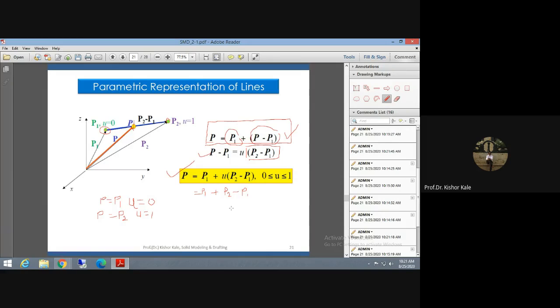When U equals 1, point P equals P1 plus P2 minus P1, correct? Here the value of U is 1. So this P1 and this P1 will get cancelled. We get the answer P equals P2.